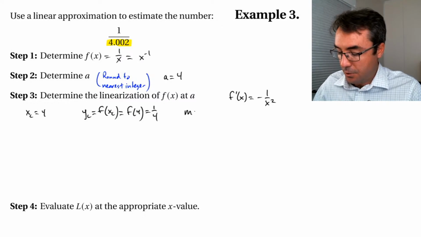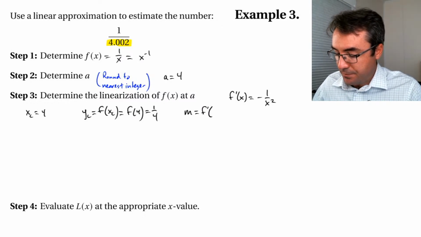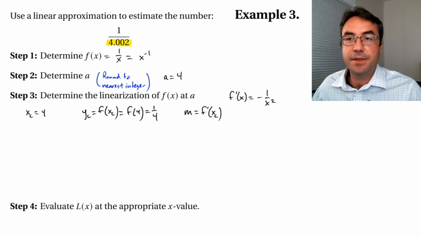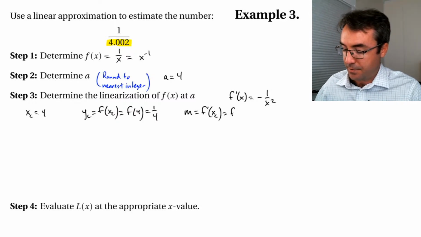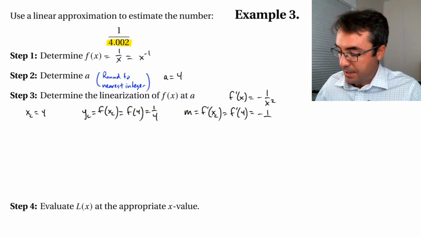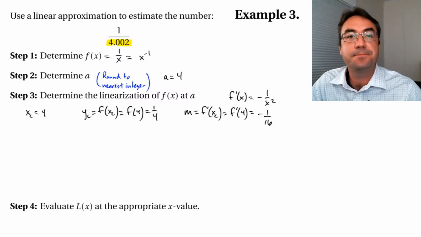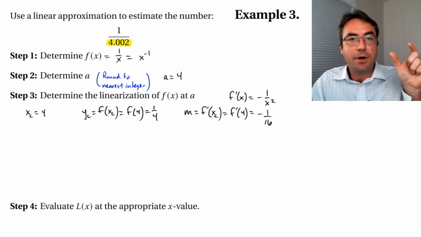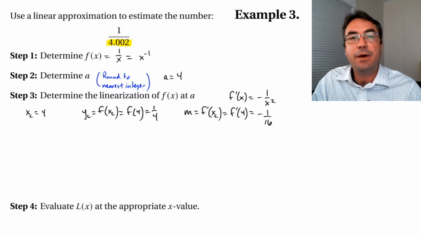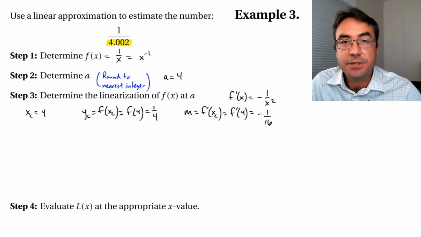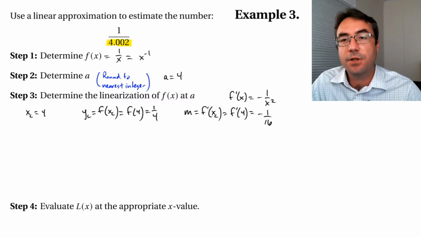Then for our slope, this is where we use our derivative. We're going to plug our x-coordinate into that. So we're going to take x equals 4, plug it into our derivative, and when we do that, we get negative 1 over 16. So we have all 3 pieces now that we need for our tangent line, our x-coordinate, our y-coordinate, and our slope.